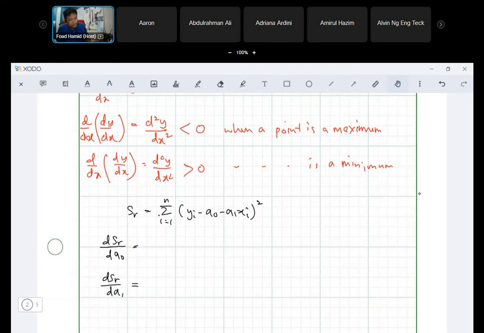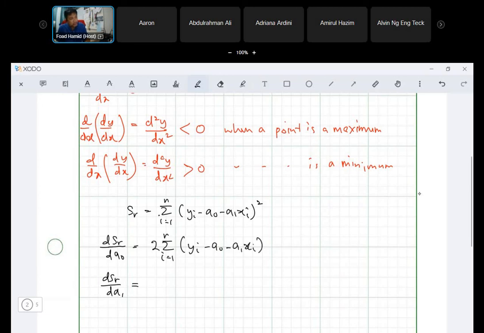So now what we have to do is, let's say this is just one function. When we differentiate this with respect to a0, this is just 2 times the summation from i equal to 1 of (yi minus a0 minus a1 xi).